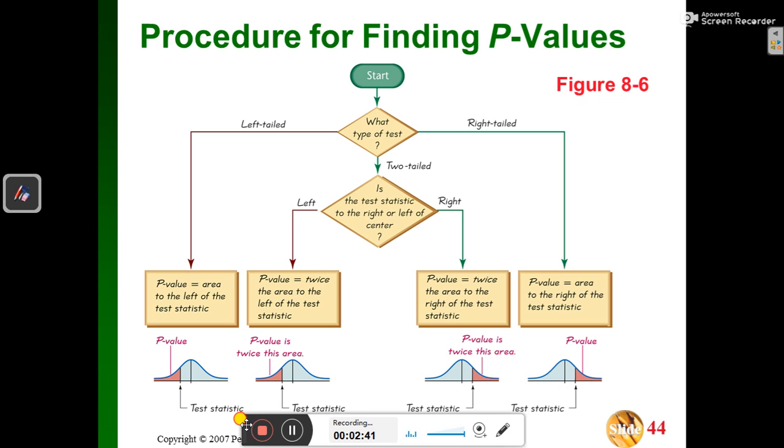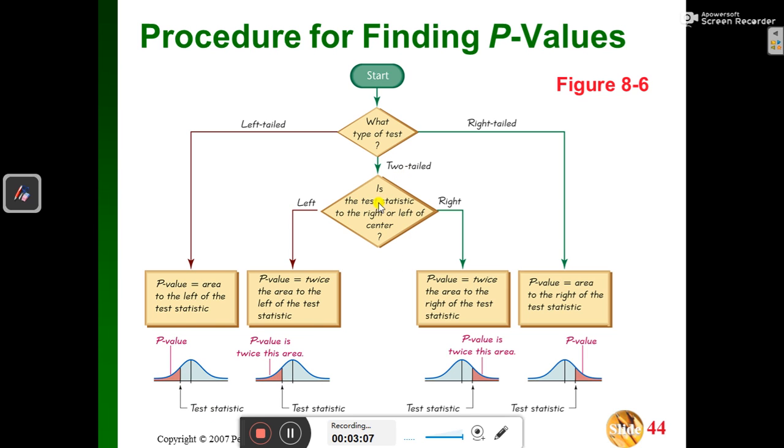Here is the diagram for finding p-values. The test might be left tail, right tail, or two tail. In case of left tail, the p-value is the area to the left of the test statistic.